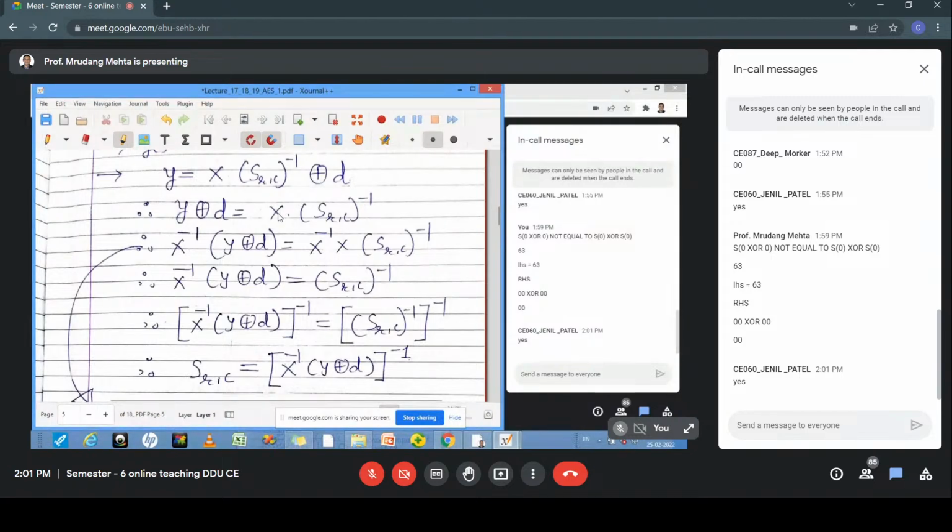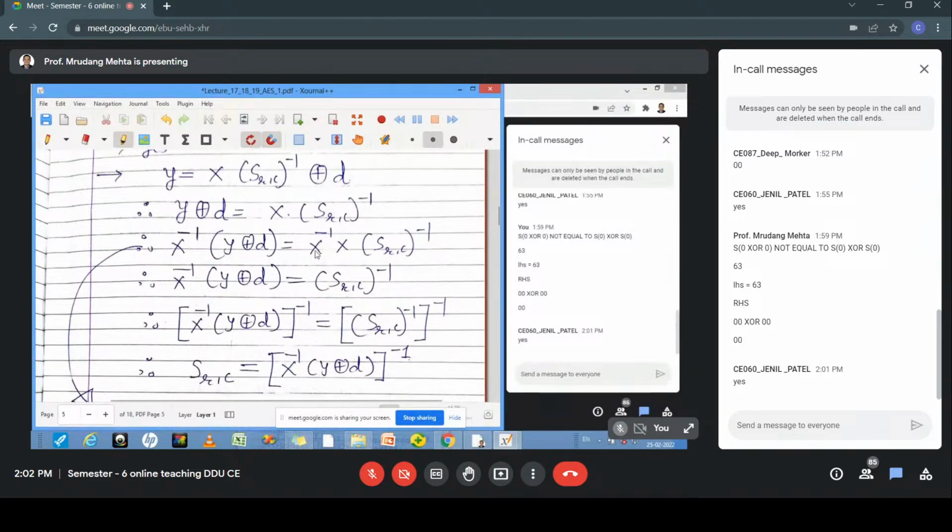Now we multiply with X inverse on LHS and RHS, both sides. So X inverse multiplied by Y XOR D is equal to X inverse multiplied by X and multiplied by SRC inverse.